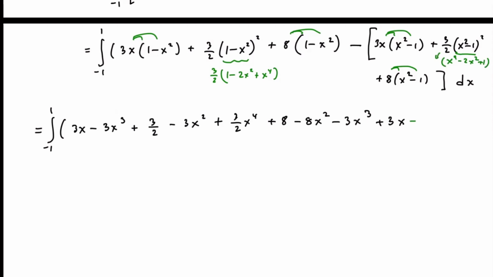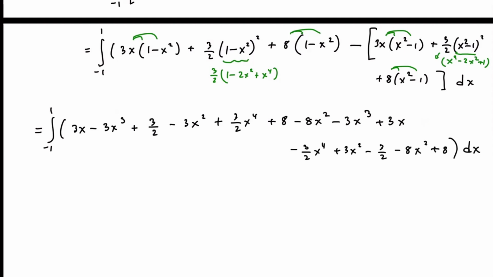That'll give us a minus 3/2 x to the 4th, and then negative 3x squared times a negative, so positive 3x squared, and then positive 3/2 minus 3 over 2, and then the last term we have negative 8x squared plus 8. Close the parentheses, and then we integrate later.